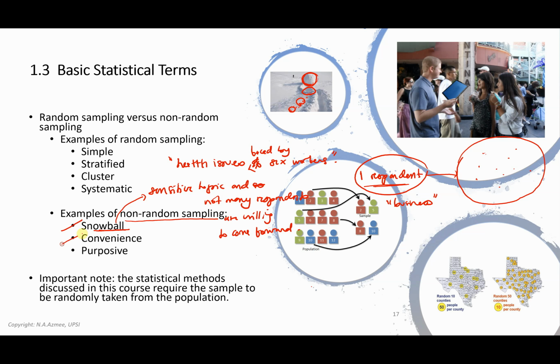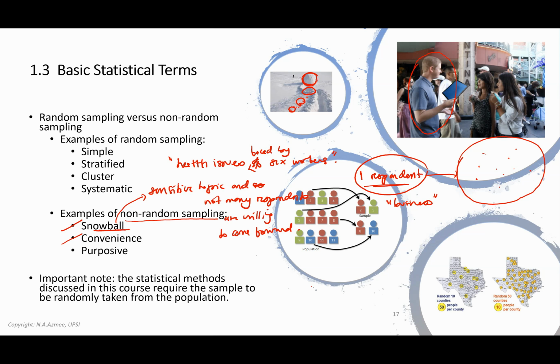Alright, next is convenience sampling. The name itself is quite self-explanatory. Basically, convenience sampling means you are getting the sample from the population according to your convenience. As an example, this guy is getting his samples at a marketplace.